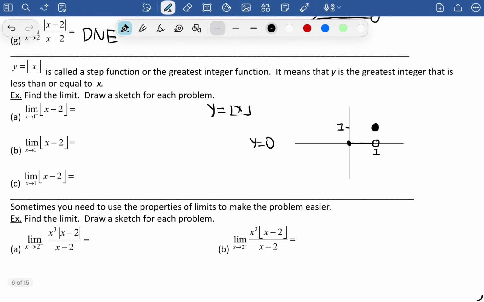And when x equals 1.99999, infinitely close to 2, it's still 1. But when x equals 2, it's no longer 1. It's going to be equal to 2. So we go up to 2. The whole thing will look like this, with an open dot over here and a closed dot over here. And then we just repeat the pattern.